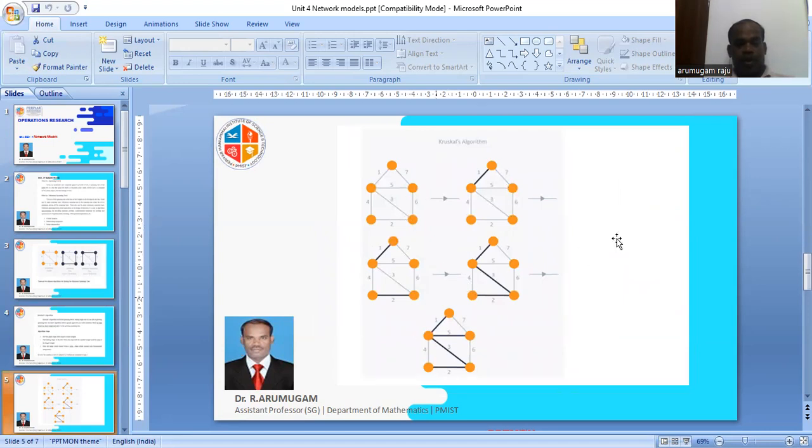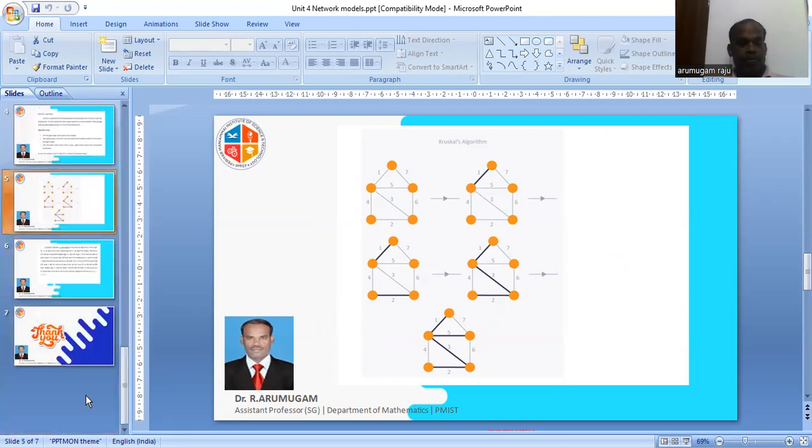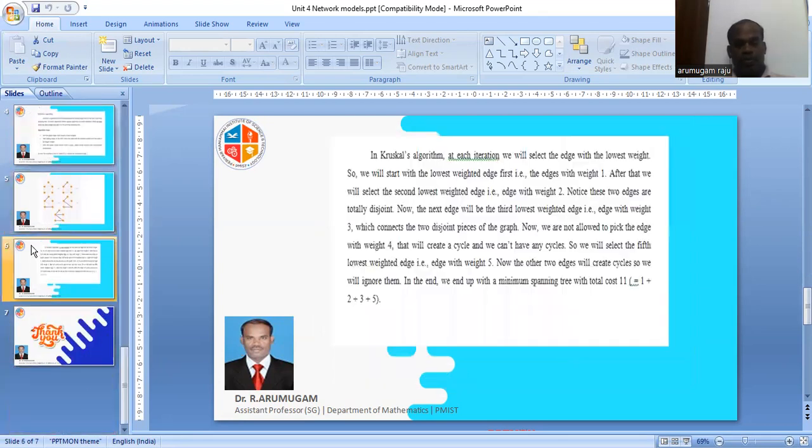So these are the examples. In Kruskal's algorithm, at each iteration, we will select the edge with the lowest weight. So we will start with the lowest weight first.